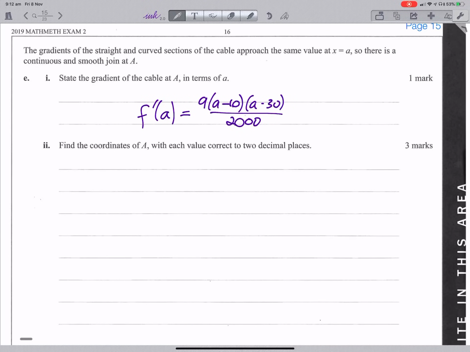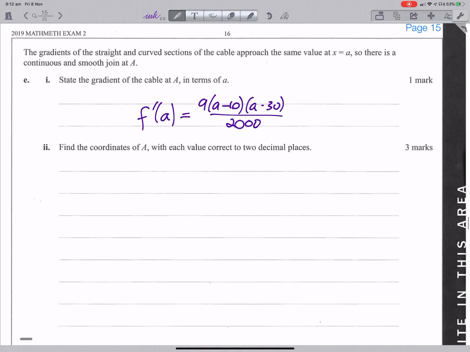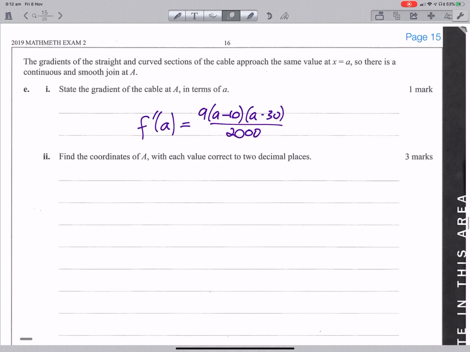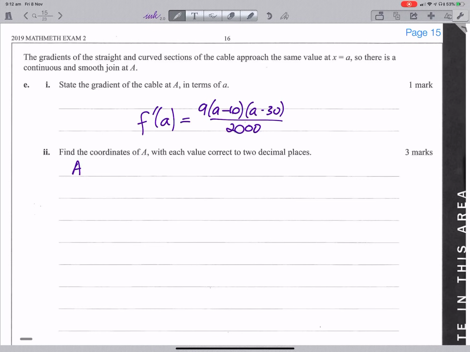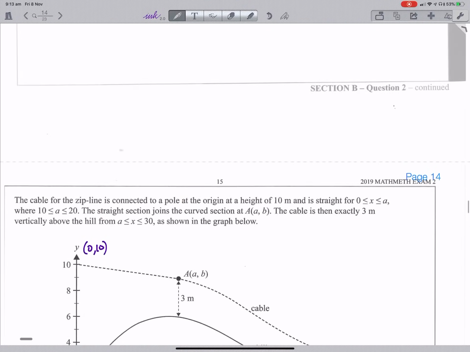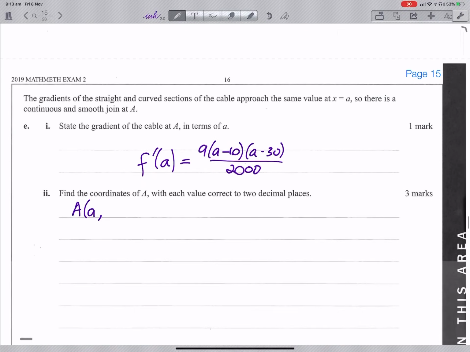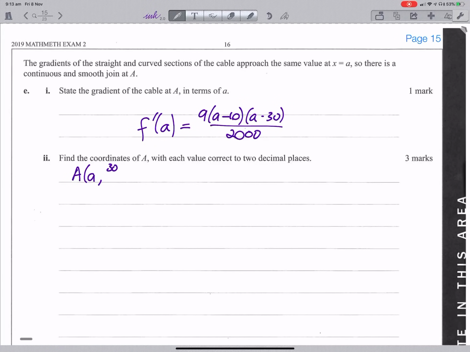Find the coordinates of A with each value correct to 2 decimal places. So we've got the gradient at this point, but we've also got to get the gradient of this. So we've got the point A, and then what's the original function? 30A? Is it 30A? Bloody hell.